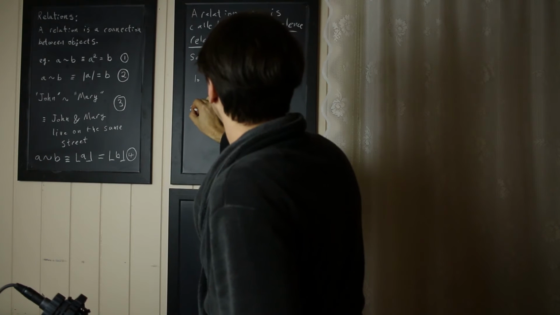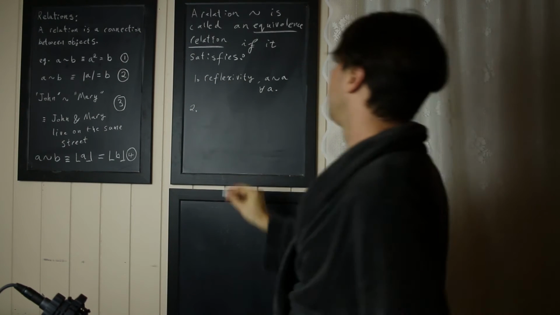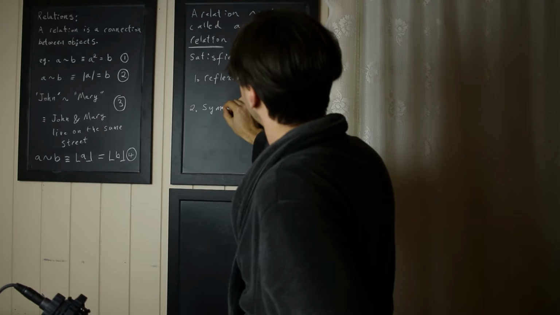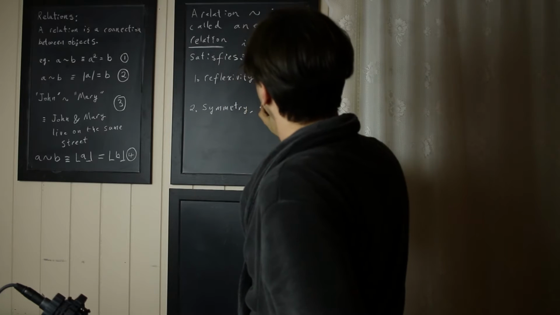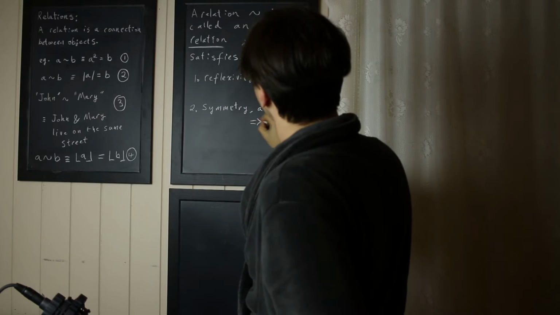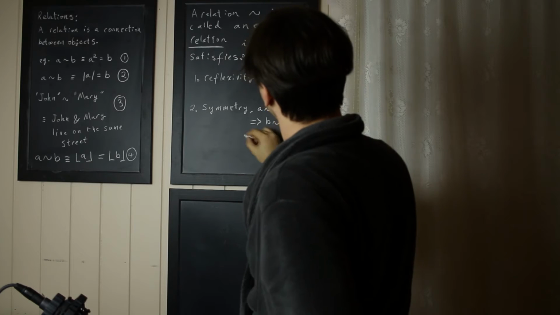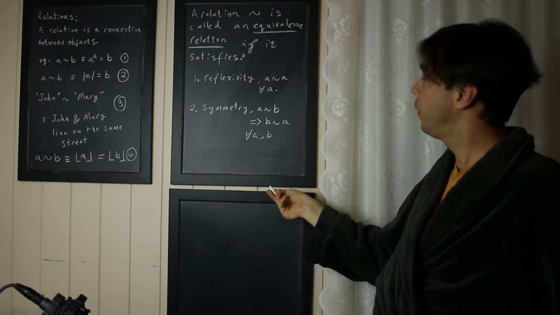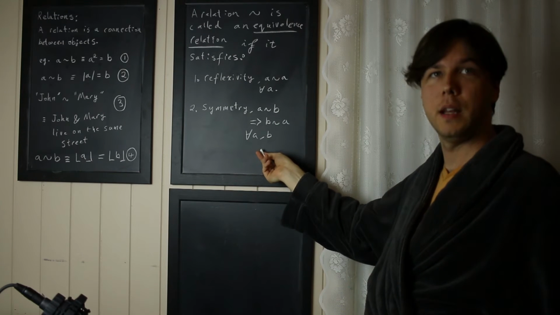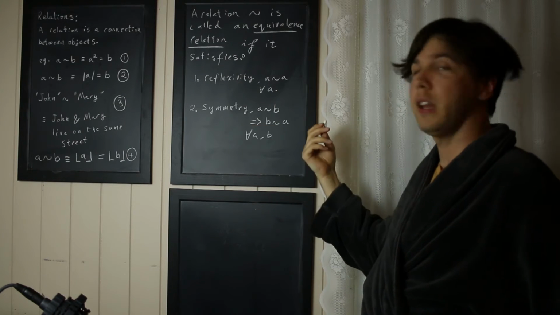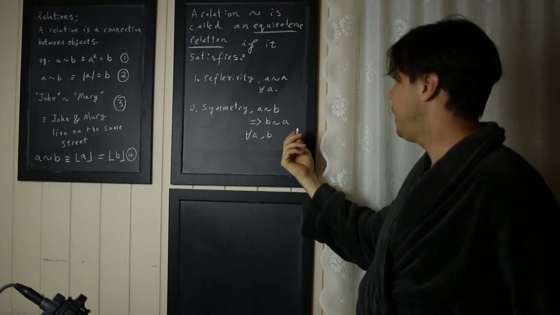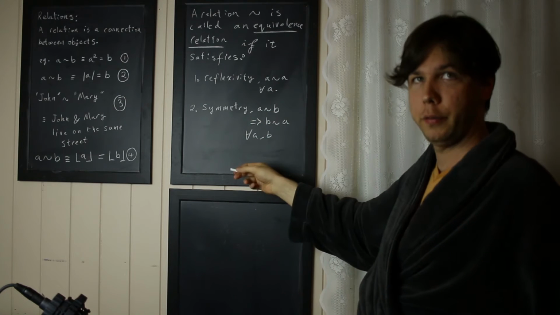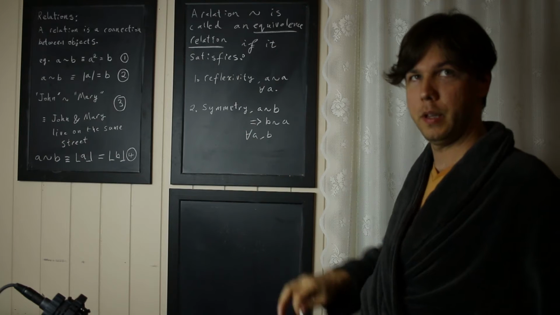Second one is symmetry. Okay. So for any two elements that I pick in my set, if A relates to B, then that implies that B must relate to A. It's the transitivity.